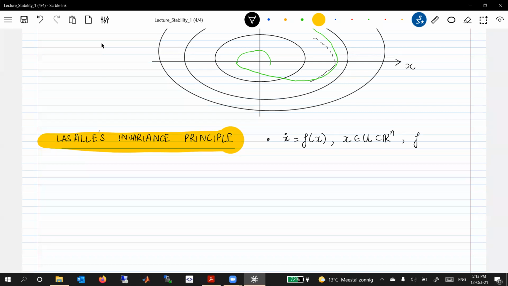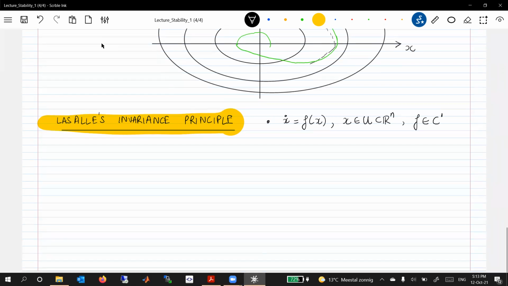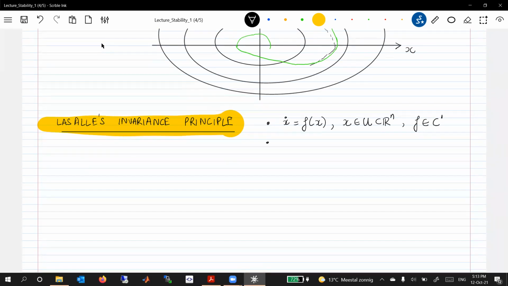And once again, I think there are more general versions of it, but we'll stick to f being C1. So in this setting, we've not talked about fixed points here yet. And we assume that there is a scalar function V, which is also C1, such as the energy that we were talking about in the case of the damped pendulum.